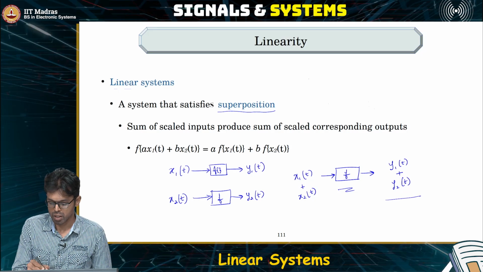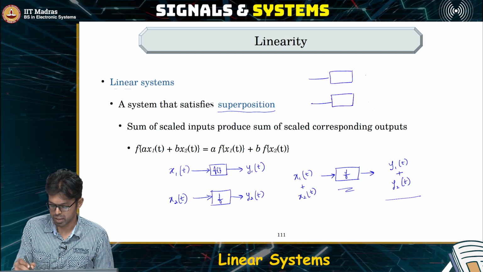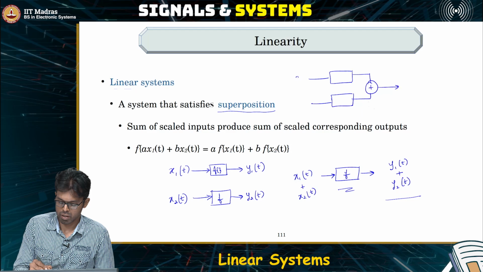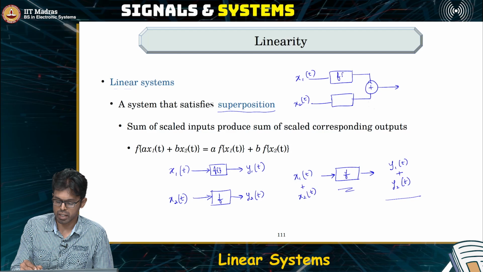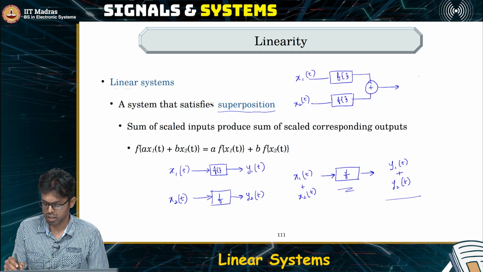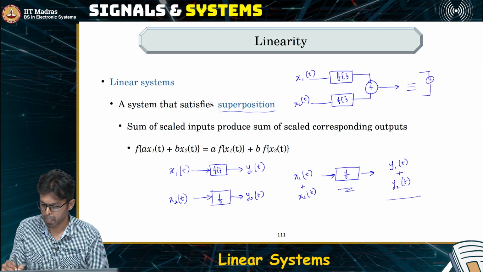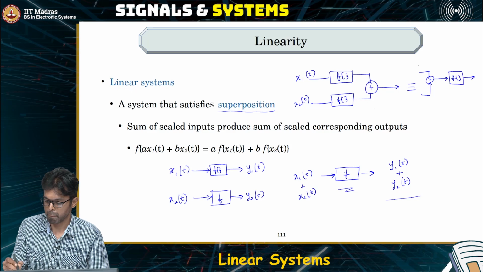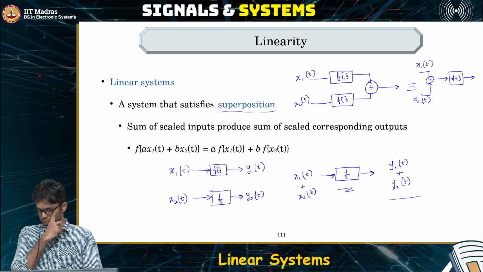In other words, if I have a system like this, let us say this is x1 of t, this is x2 of t, and these two blocks are exactly identical, then we can replace this entire system with a very simpler block which is of this form.